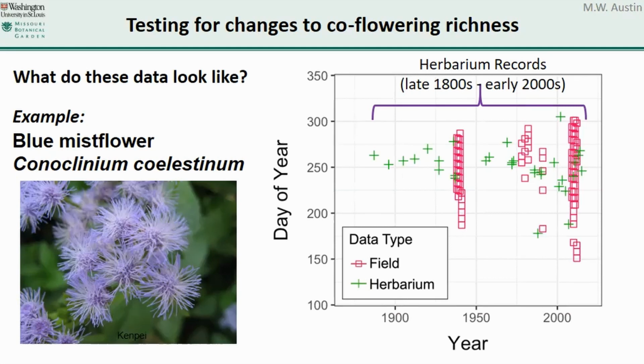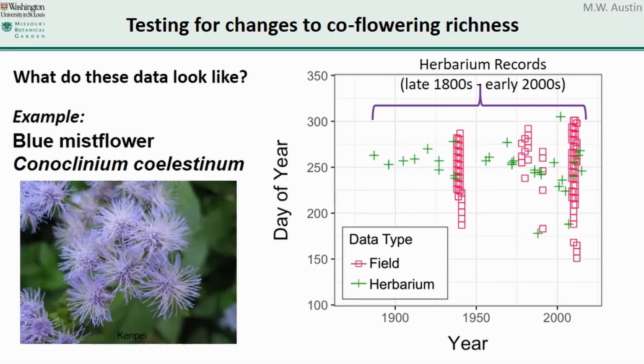And now, to test how changes to flowering time have affected co-flowering richness, what we need to do is test how the duration of each species' flowering season has changed across time, and then we can use changes to duration to look at changes to the overlap of different species' flowering seasons.